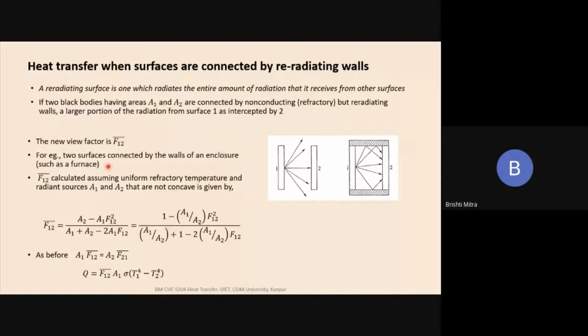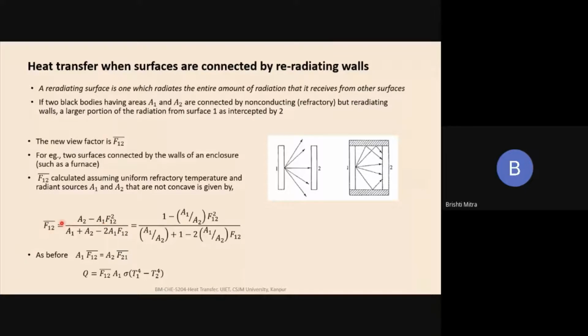So for example, when we consider two surfaces connected by walls of an enclosure. So this is an enclosed surface, just like a furnace. I've given you the example, the most common example is there. And so the top and the bottom are sort of sealed up. So if I want to calculate the F12 bar for such a situation, where these surfaces have areas of A1 and A2, then this is the expression that we have.